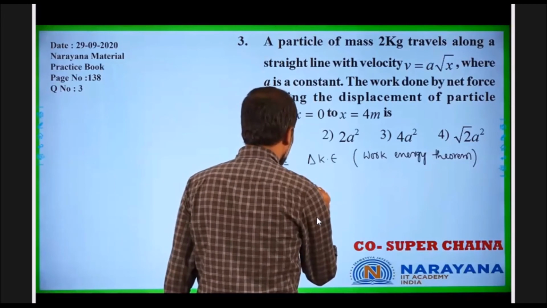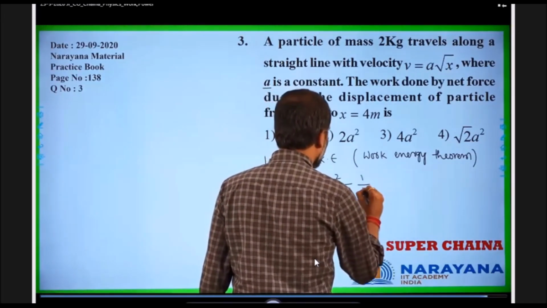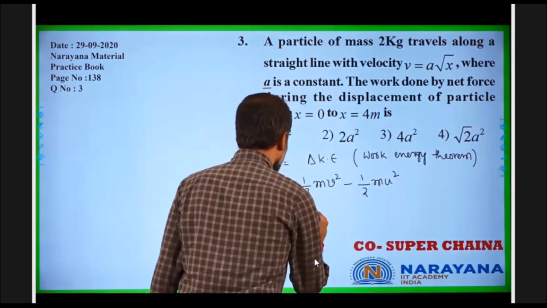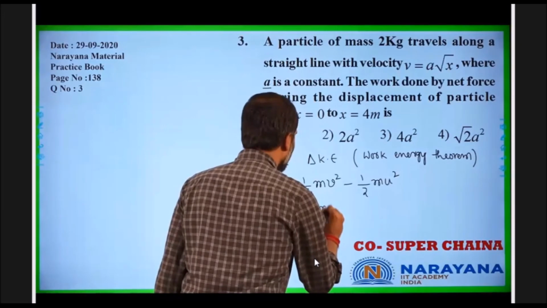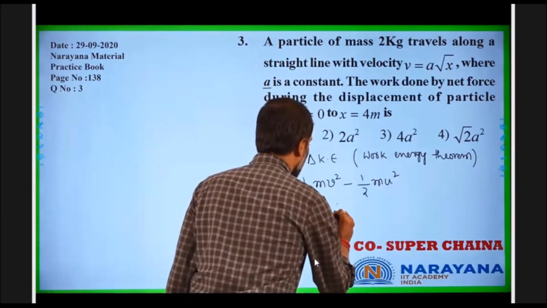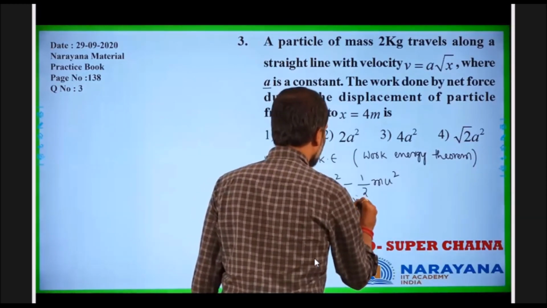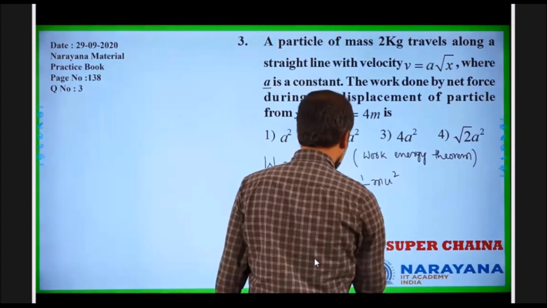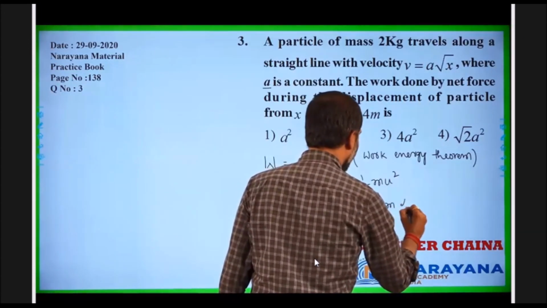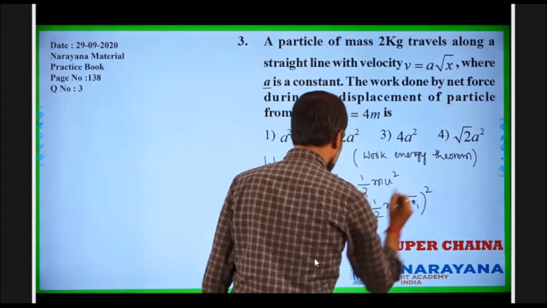So it is half mv square minus half mu square. Right. So which is half m into v square, which is alpha root x whole square, minus half m alpha root x, this is initial, whole square.